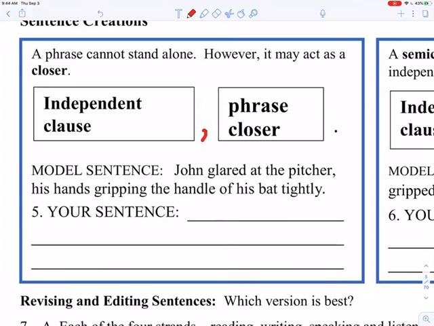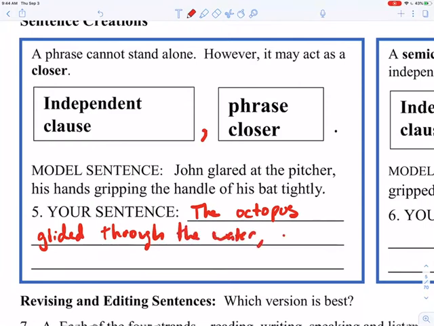The octopus glided through the water, comma, its tentacles shimmering in the moonlight. There we go.